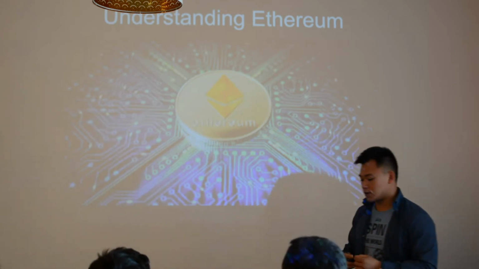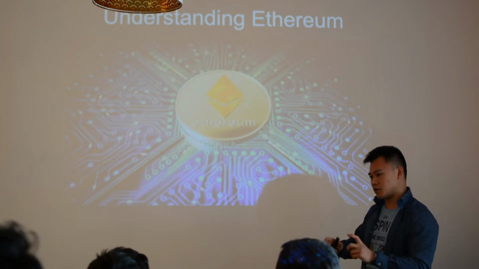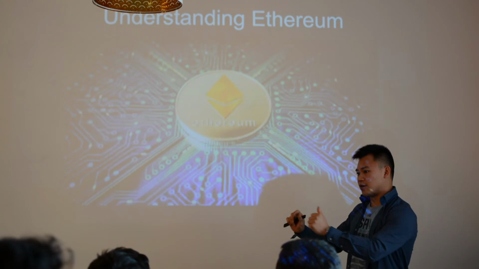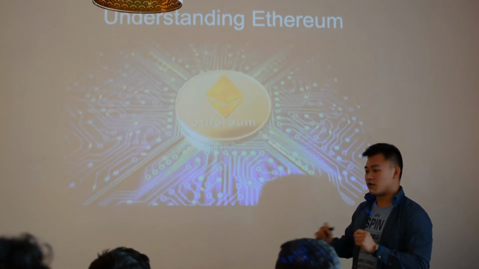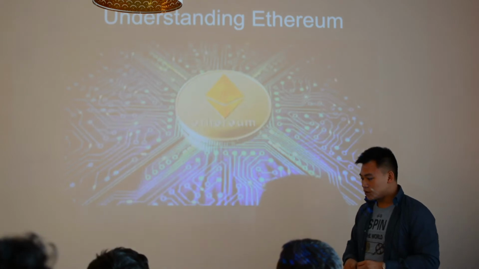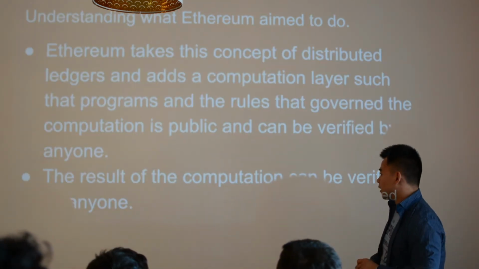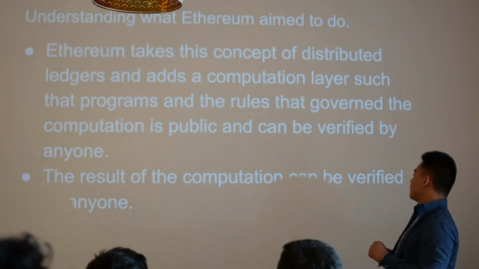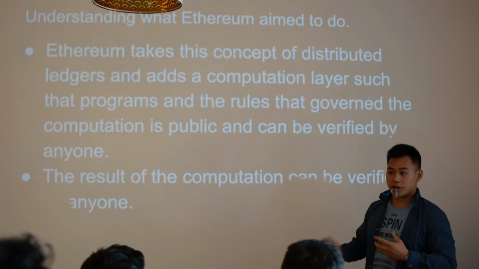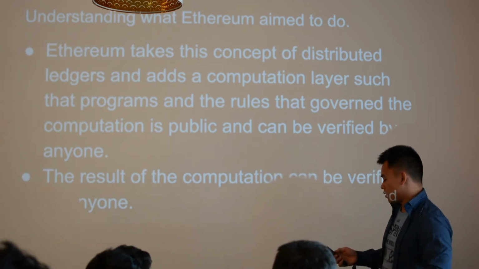He wanted to create a system where you have your initial state and some sort of computation that's run on all of these different nodes, and you arrive at an output that can be verified by every single node that received those instructions. So that was the big thing behind Ethereum. The result of the computation can be verified by anyone who is running an Ethereum node. So these are the two big inspirations for EOS.